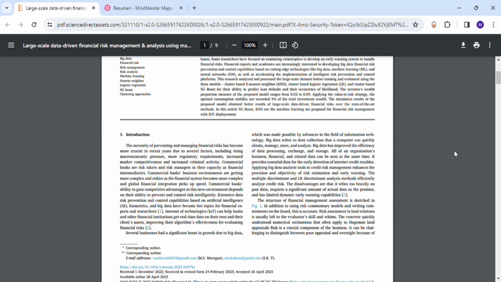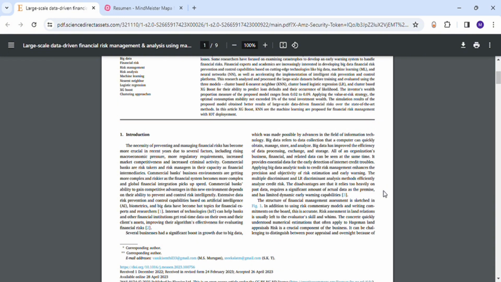The structure of financial management assessment, in addition to using risk commentary models and writing comments on the board. This is accurate. Risk assessment in land relations is usually left to evaluators' skill and whims.